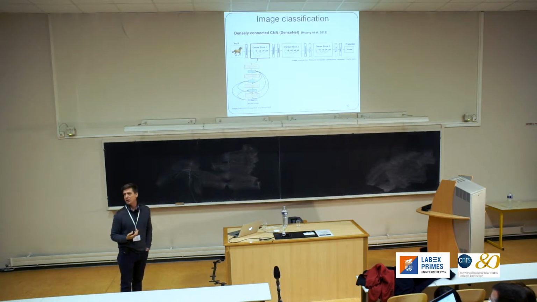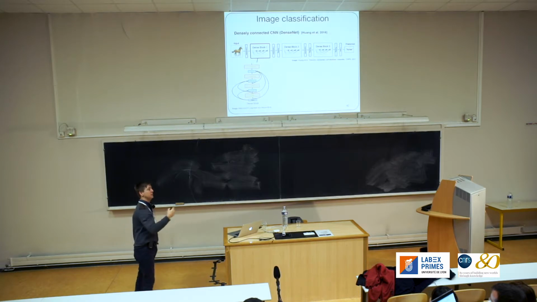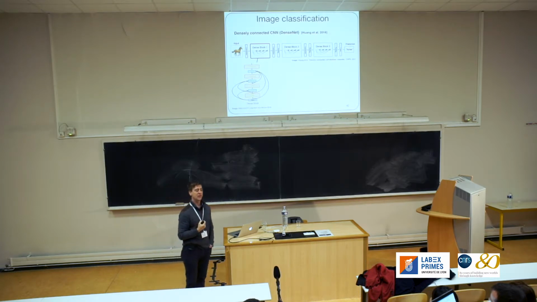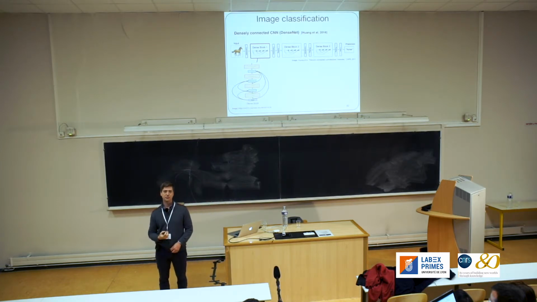so maybe I should not call it skip connection, it's not really that. It will take the output of every single layer and make it as input to every one of the following layers. And what I mean by making input, I mean concatenating.